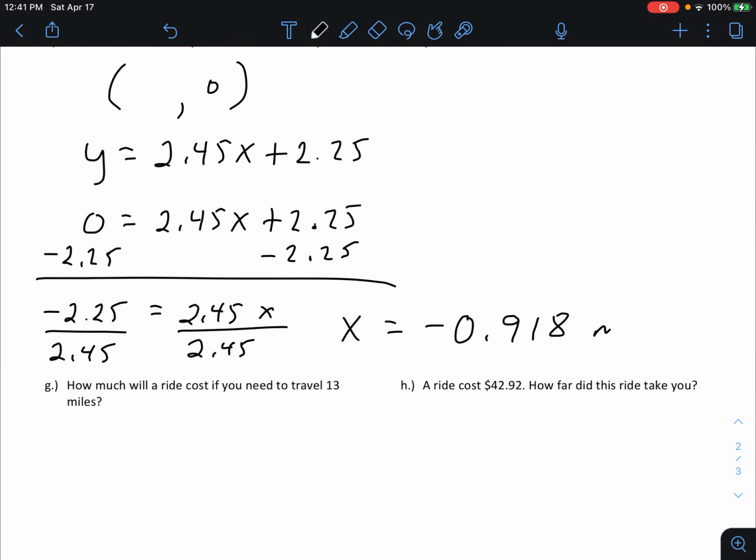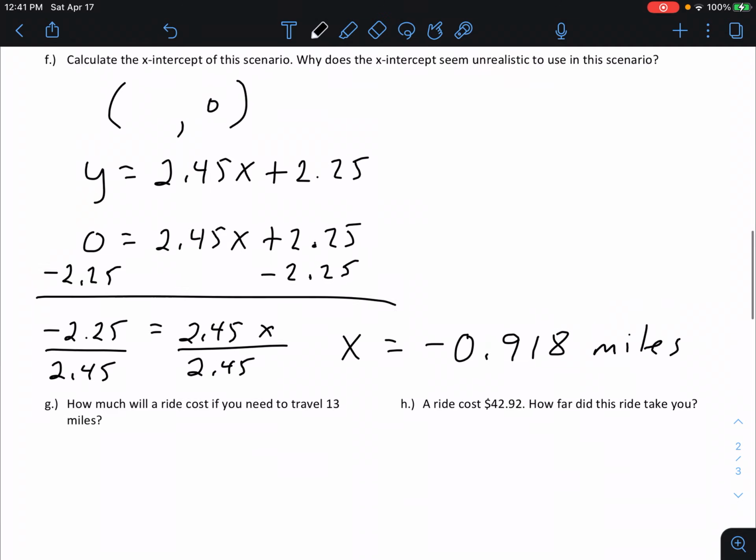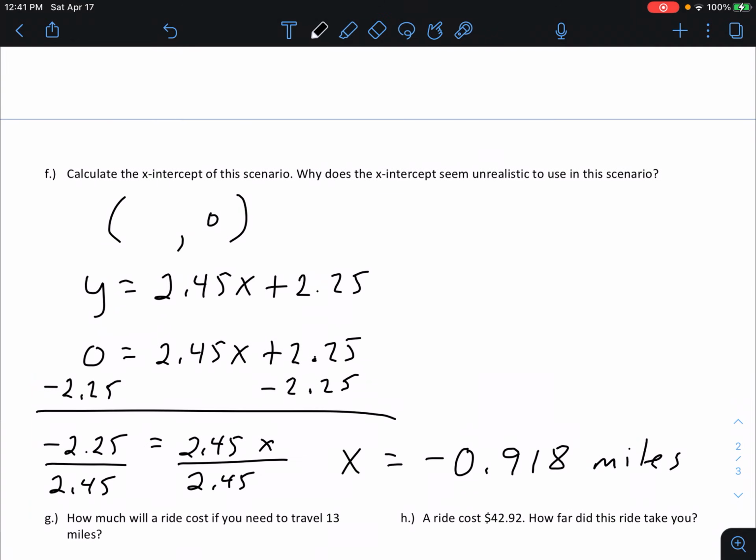So this is suggesting that when it costs $0, we've gone negative, we've almost gone negative 1 mile. Can you see why that's unrealistic? Because what we just talked about with the y-intercept, the minimum that it's going to cost is $2.25.